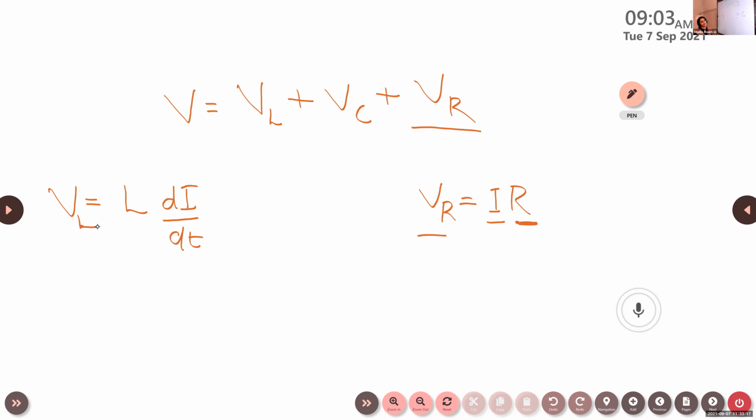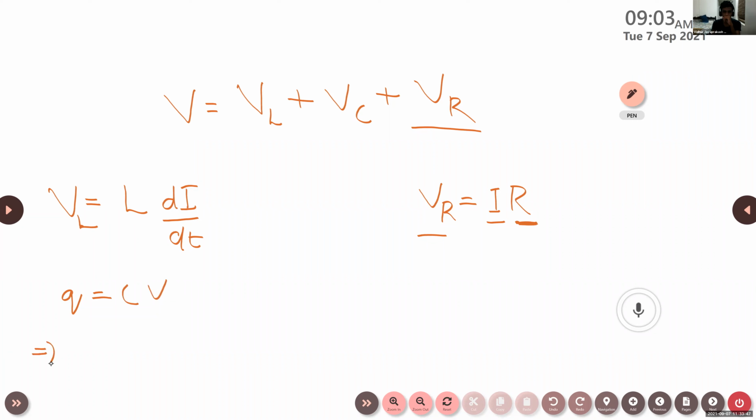Similarly, what about the expression for the voltage generated in a capacitor? What is the equation for calculating the charge developed in a capacitor? Q is equal to, if you know the answer, unmute and say, Q is equal to CV.